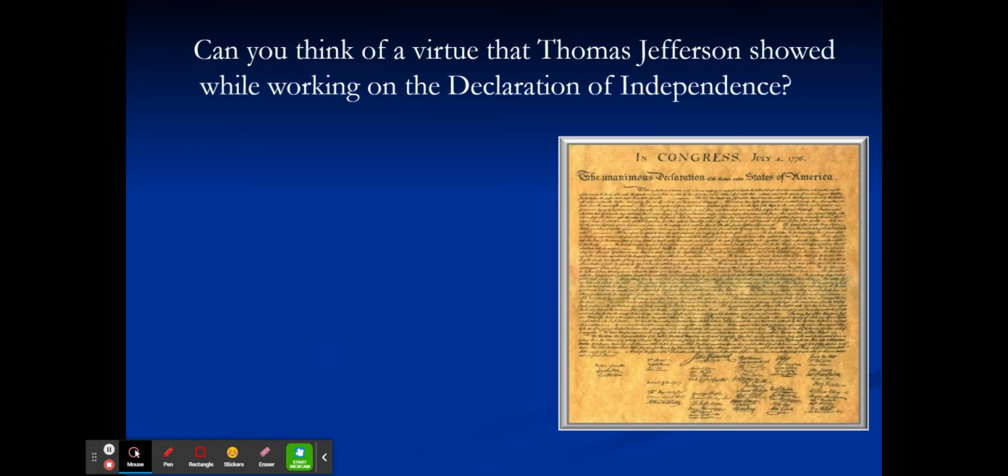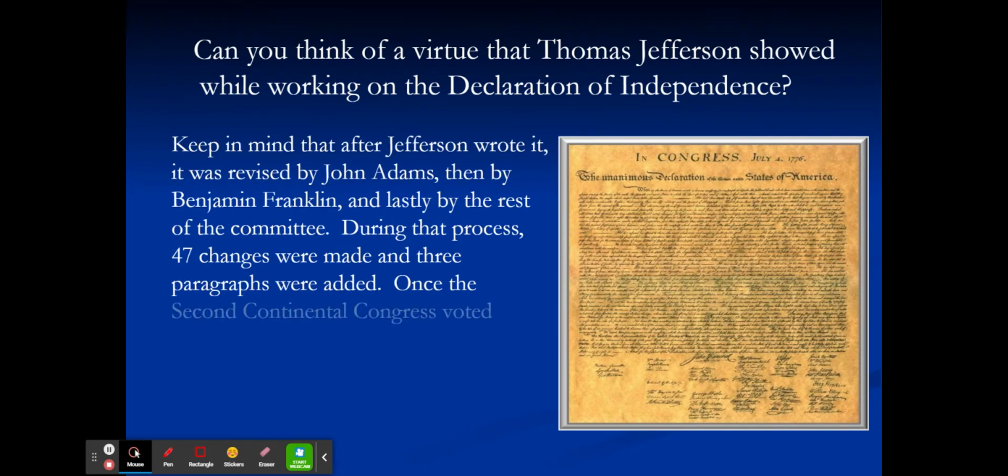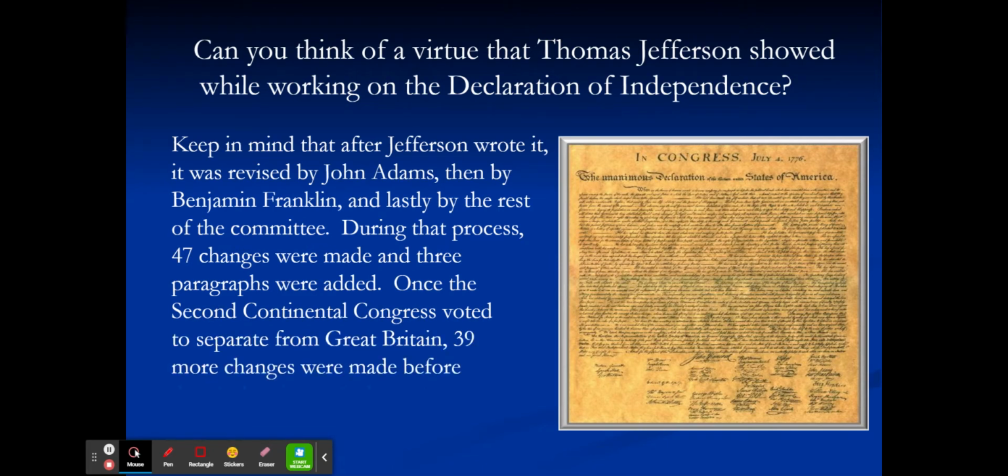Can you think of a virtue that Thomas Jefferson showed while working on the Declaration of Independence? Now, keep in mind that after Jefferson wrote it, it was revised by John Adams, then by Benjamin Franklin, and lastly by the rest of the committee. During that process, 47 changes were made and 3 paragraphs were added.